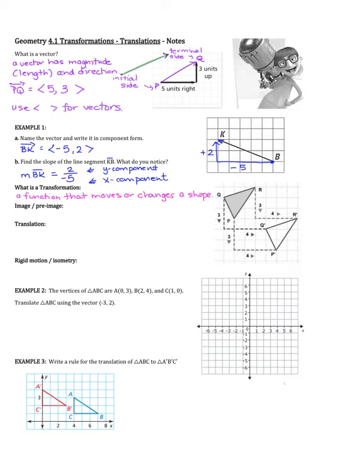All right, so when you are doing a transformation, you have an image and you have a pre-image. The pre-image is what we start with. So you start with a pre-image, and then you use a rule, or a set of rules, might be more than one, to result in the image.